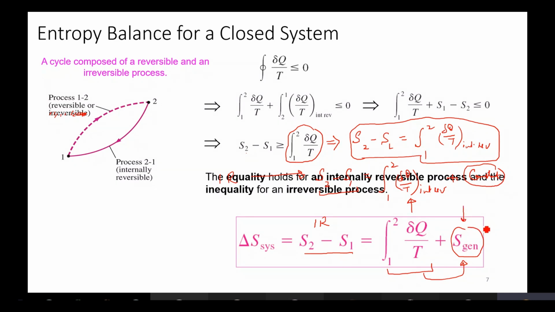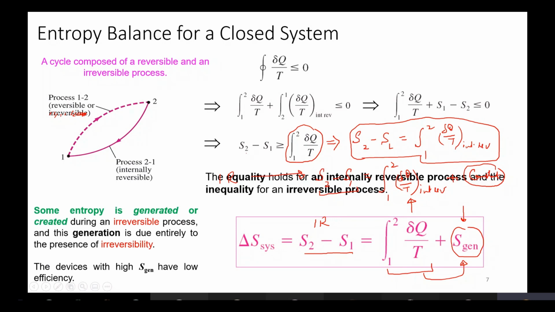That means some entropy is generated due to the irreversible process. In other words, you say that some entropy is generated or created during an irreversible process, and this generation is entirely due to irreversibilities. The higher the value of entropy generation, the higher would be your irreversibilities, and the lower would be your efficiency. Does this make sense to you?